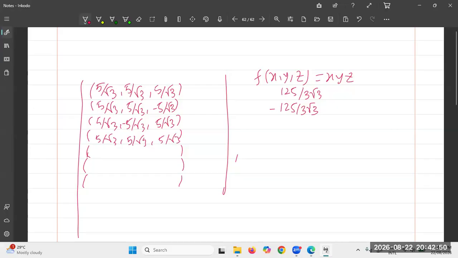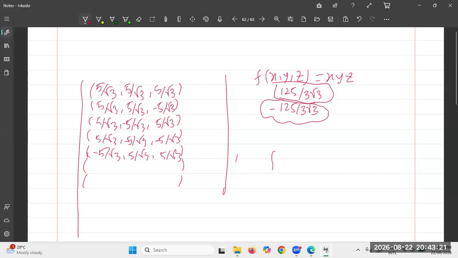In this case, considering this quantity is negative, this is also negative, minus 5 divided by root 3. So we have just 8 different quantities for every choice of values of x, y and z. In that case, the values are either 125 divided by 3 root 3 or minus 125 divided by 3 root 3.